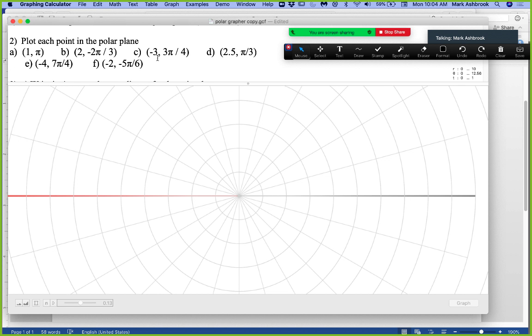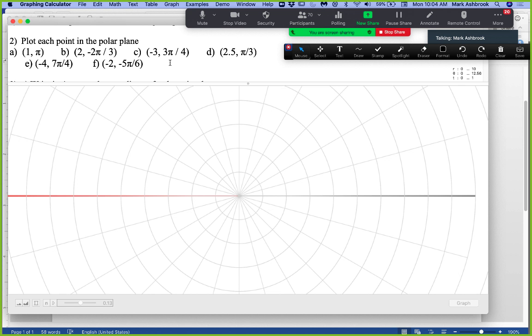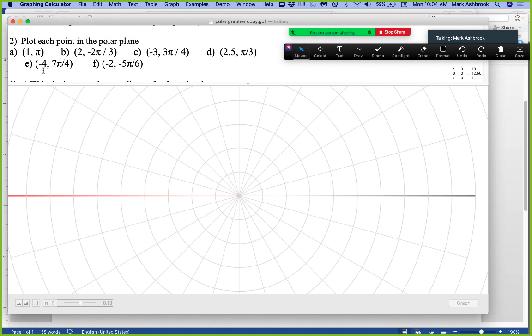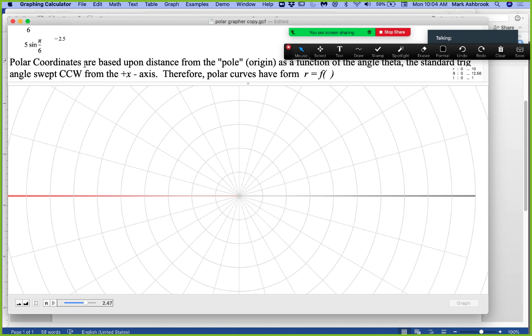Plot each point in the plane. I'm going to give you 5 minutes to work on plotting these points and see how you do. So remember, a negative r value means in the opposite direction. I'm going to turn this off here.